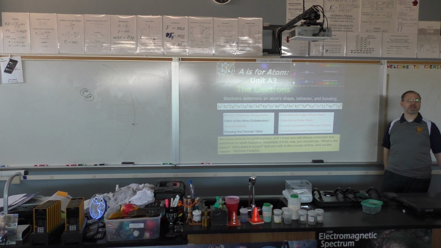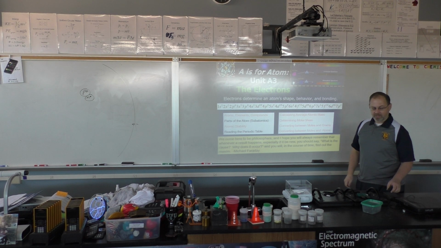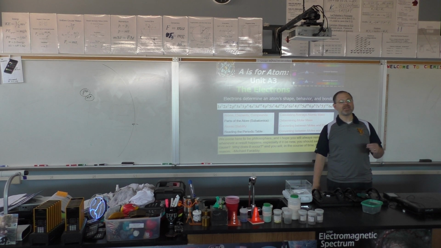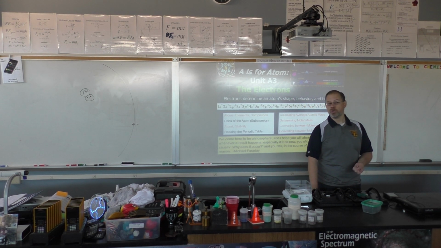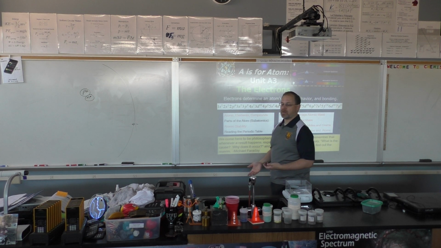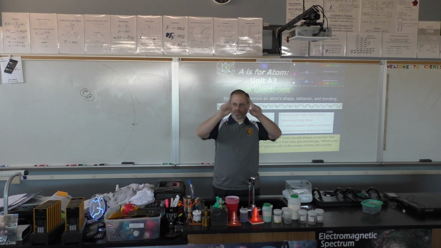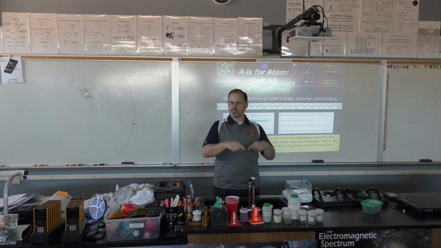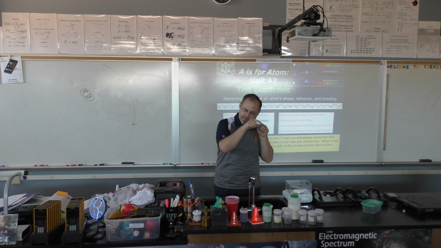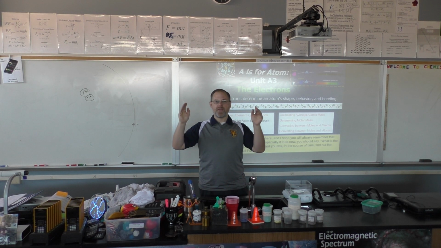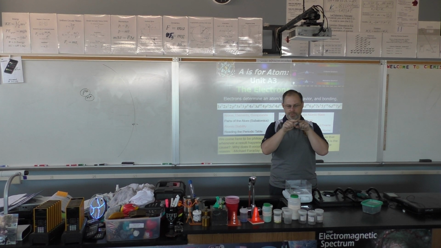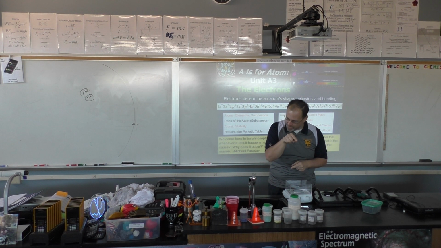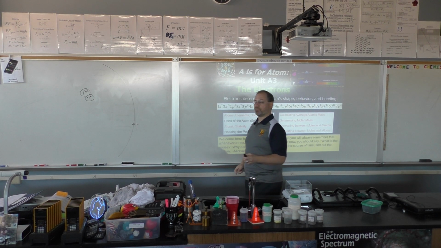This is called an electron configuration. An electron configuration is like an address for an atom. Much like when you order something from Amazon, you say, I'm in the United States, I'm in Nevada, I'm in Boulder City, I'm at this street and this number. So they can hone in on you and know exactly where to deliver it.